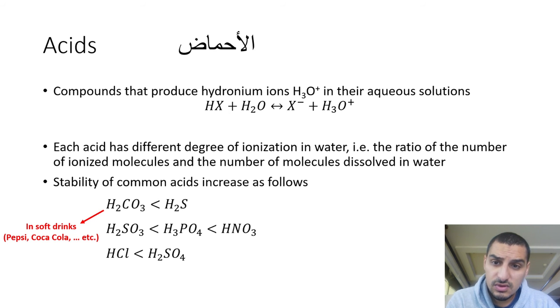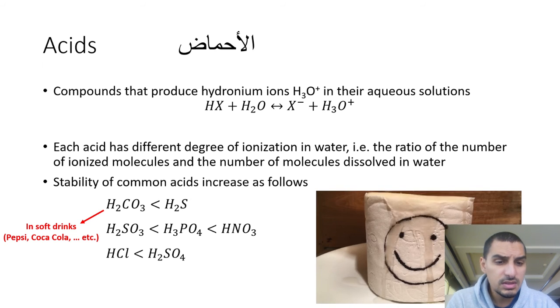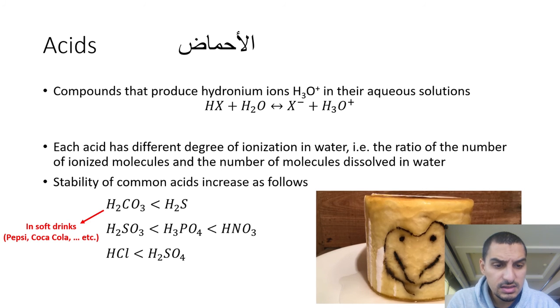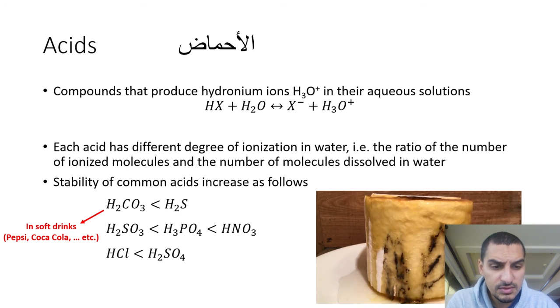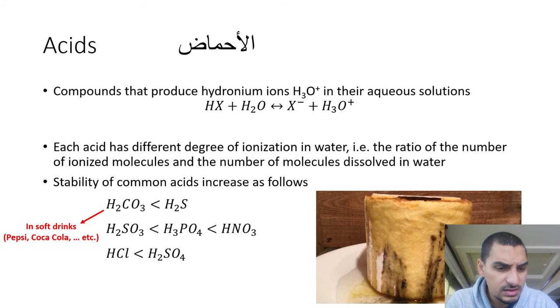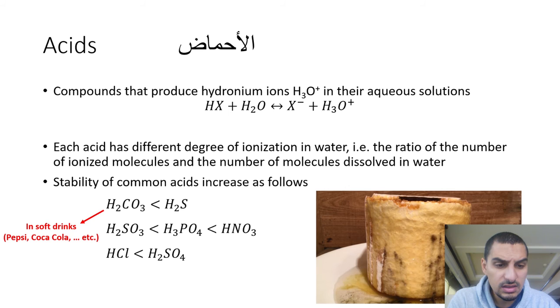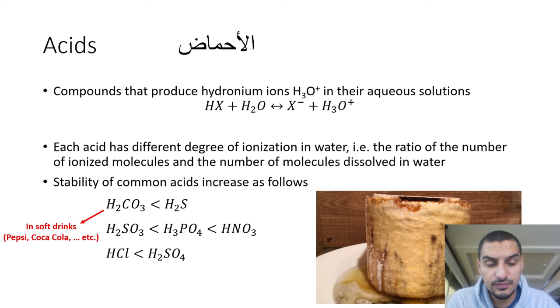Before moving forward, this is a nice video of a roll of tissue paper. What happens is that an acid, I think it's sulfuric acid, was poured on it, and as we see, the acid starts to react with the tissue paper.